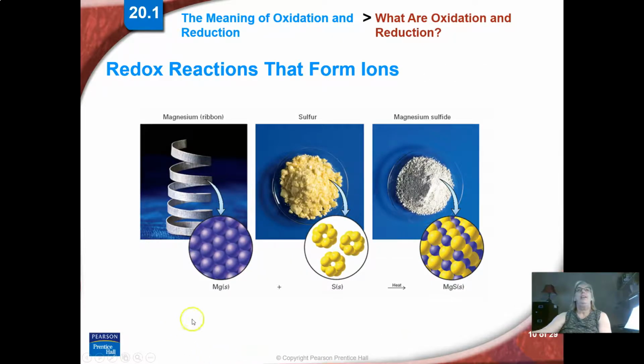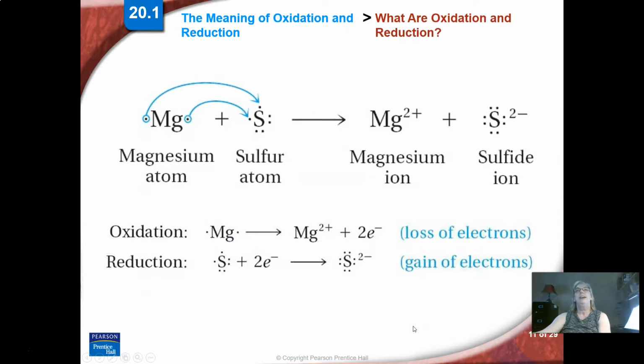Here we can have magnesium and sulfur together. We can heat it up and it will turn into magnesium sulfide. We want to know, is there a redox reaction going on here? And there is. Magnesium has 2 electrons to give, and sulfur would like to have 2 to balance this out for an octet.